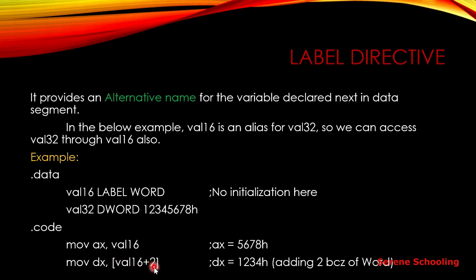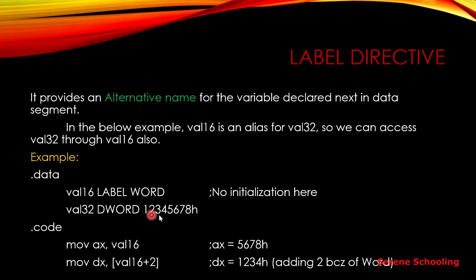What does this 2 indicate? See, the type of val16 is WORD, that is each number is containing 2 bytes to store data. This is containing 2 bytes, this is containing 2 bytes, right? On the whole it becomes a 4-byte number, but I have gotten this part already.